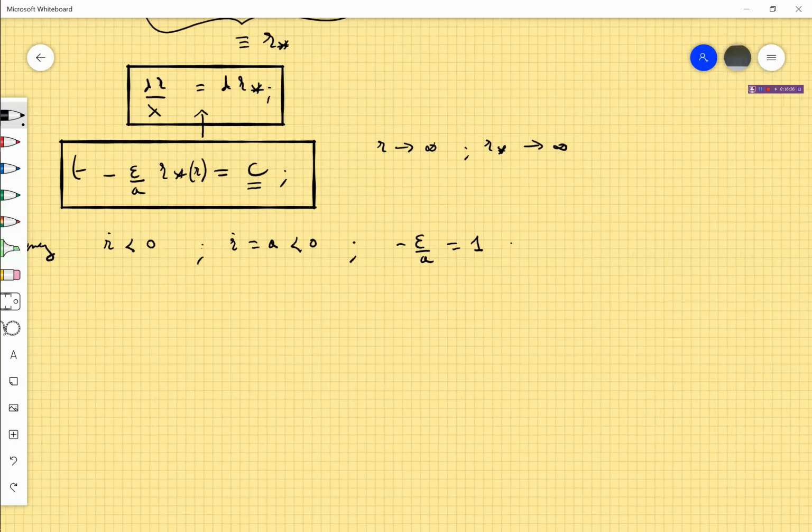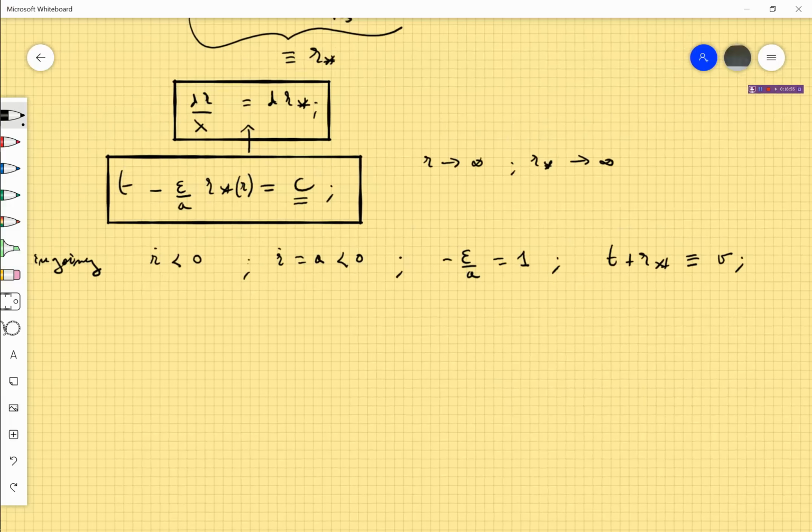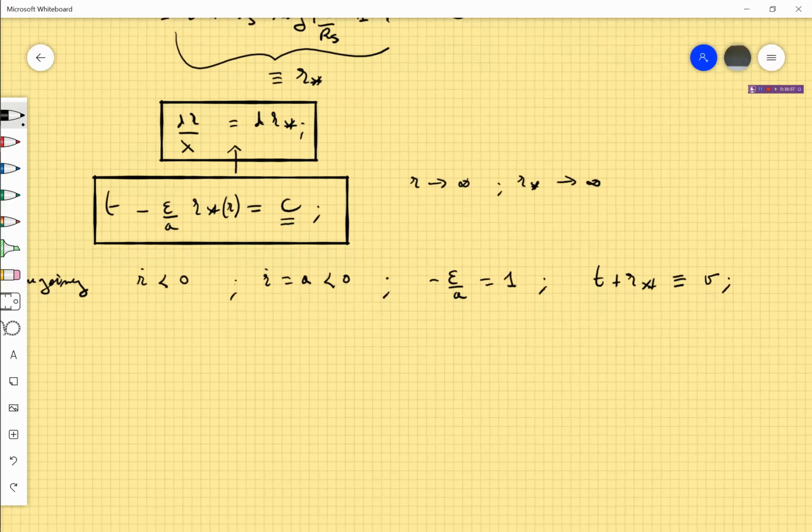And with this choice, you have this relation, and this, which originally is just the integration constant, we are going to use as the coordinate v. It is a null coordinate.